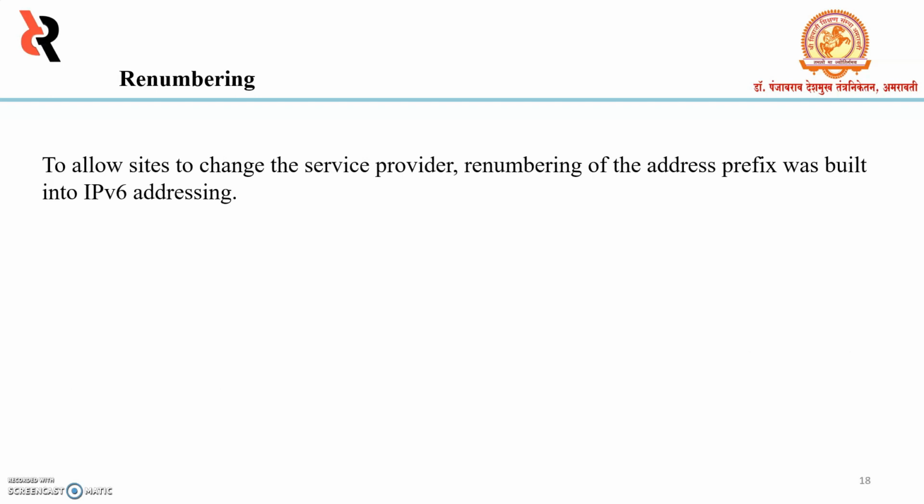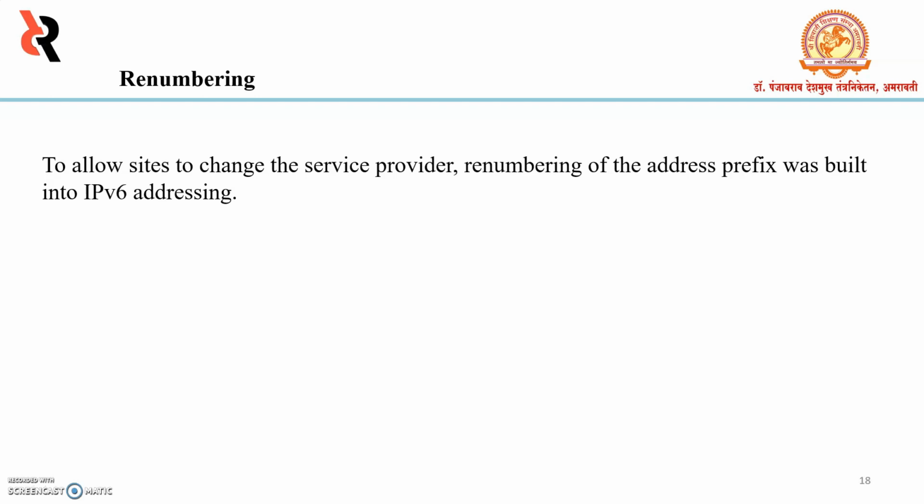And last is renumbering. Renumbering is used whenever the service provider changes. So it renumbers the address prefix that was built into the IPv6 addressing. As we know, each site is given a prefix by the service provider to which it is connected.